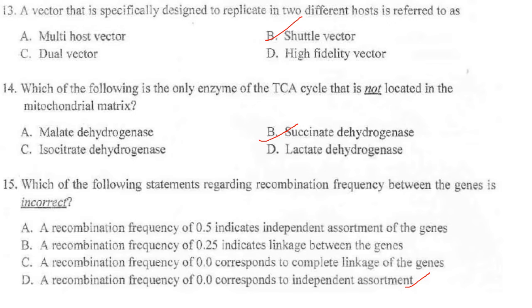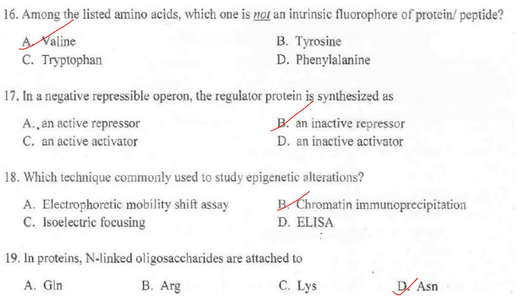Which of the following statements regarding recombination frequency between the genes is incorrect? So a recombinant frequency of 0 corresponds to independent assortment. That is incorrect. Answer is option D. The next one. Among the listed amino acids, which is not an intrinsic fluorophore of protein or peptide?